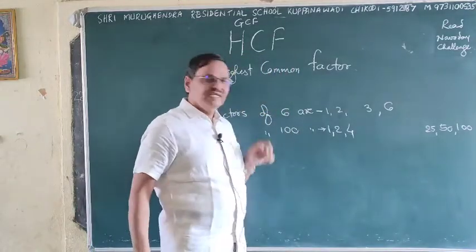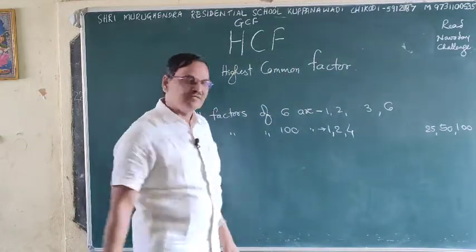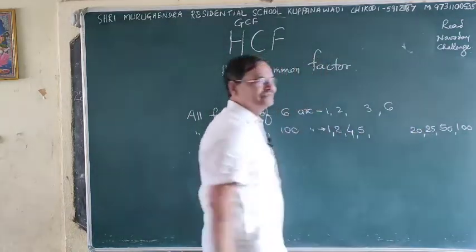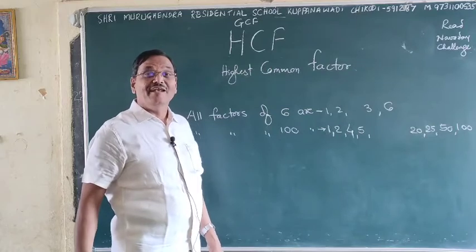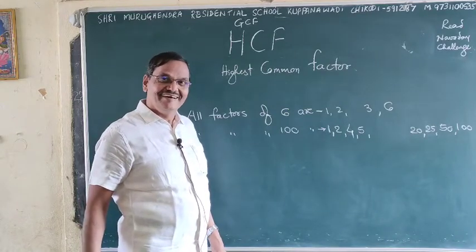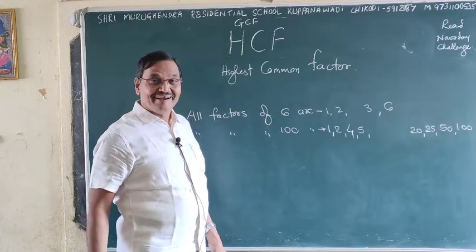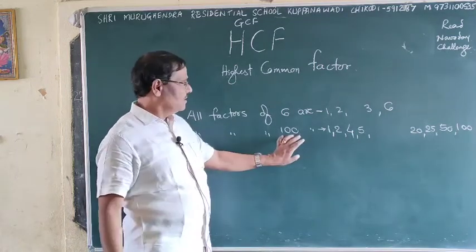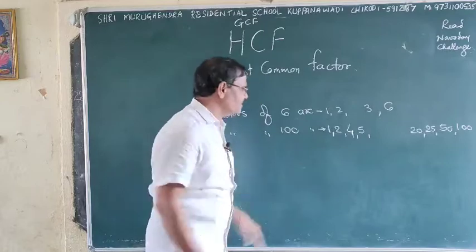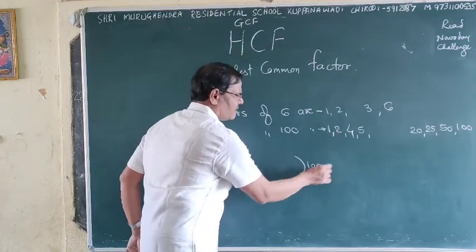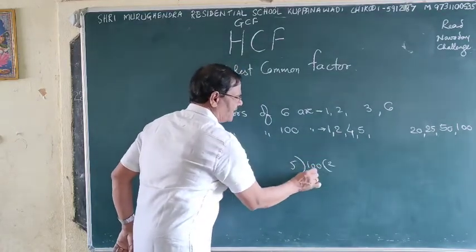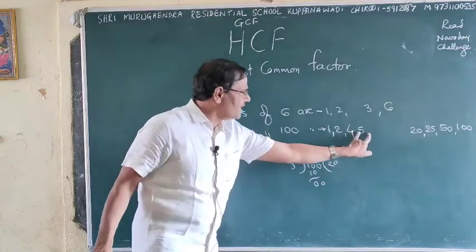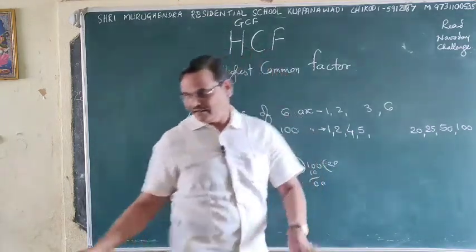Then it ends in 0, so it is divisible by 5. 5 twenties are 100, like 5 currency notes of 20 rupees make 100 rupees. If you don't understand, you can divide it: 5 twos are 10, 0. So 5 goes on this side and 20 on this side.